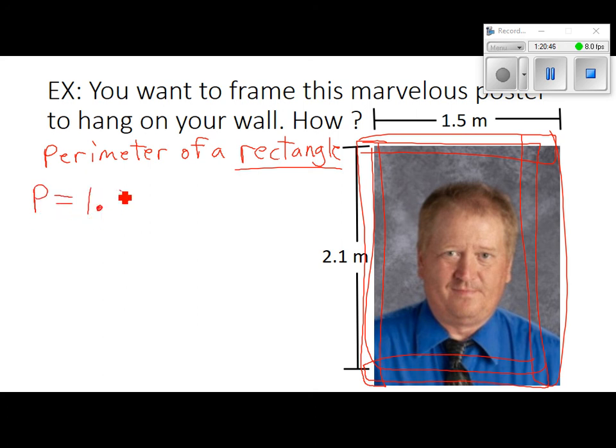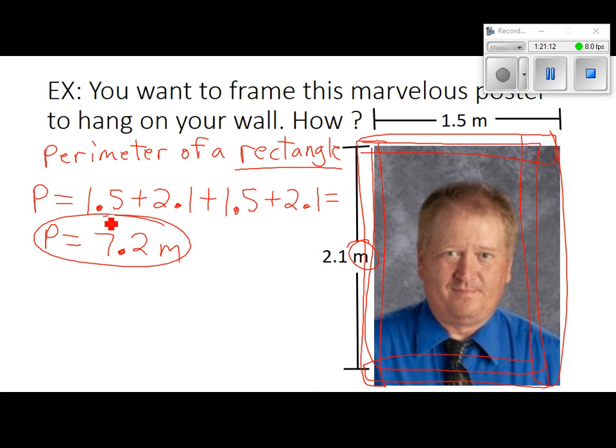One of the sides is 1.5, the other side is 2.1, another side is 1.5, and the fourth side is 2.1. We add all those up, and that's 3 plus 4.2, so 7.2, and our units were meters. So the perimeter is 7.2 meters.